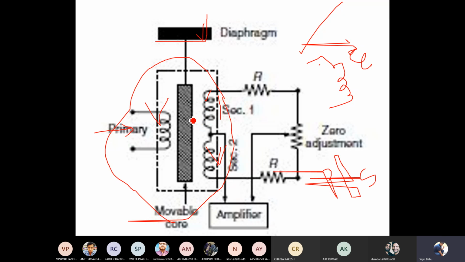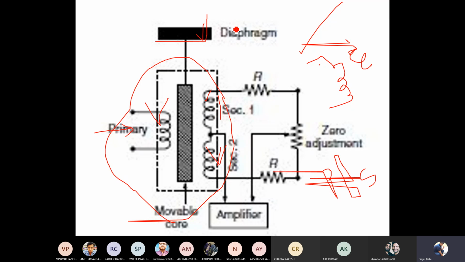Because the flux travels via this core, and this core is not in touch with the secondary winding, less flux will get linked with secondary one and more flux will get linked with secondary two. So there will be no voltage balance here, and because of that there will be some voltage at the output, right? So as you are changing the displacement, as you are moving this, my output voltage is getting varied.